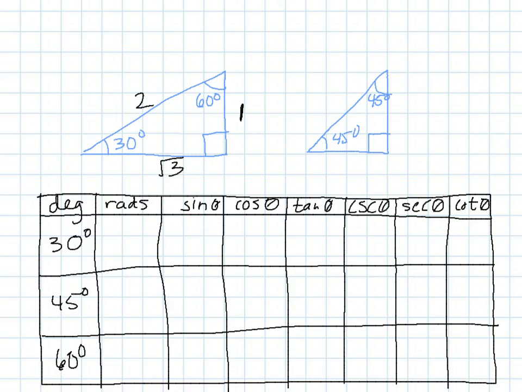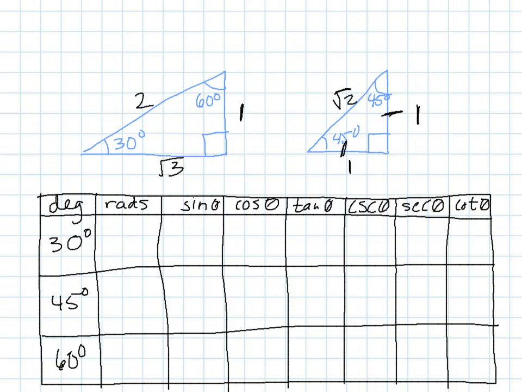Now also doing the same thing with a 45-45 triangle, one side can be a unit of 1, so then the other side, since it's an isosceles triangle, the other side would be 1, and then the long side, or the hypotenuse, would be square root of 2.